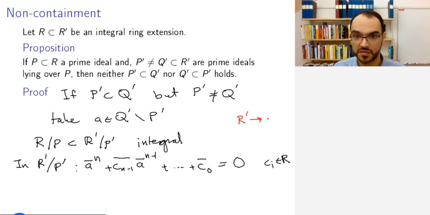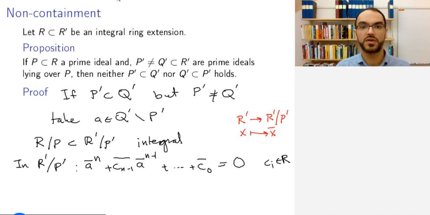The quotient projection from R prime to R prime mod P prime is denoted X maps to X bar. So we have this polynomial equation, because this is an integral extension in R prime mod P prime, and we can assume that it has minimal degree.